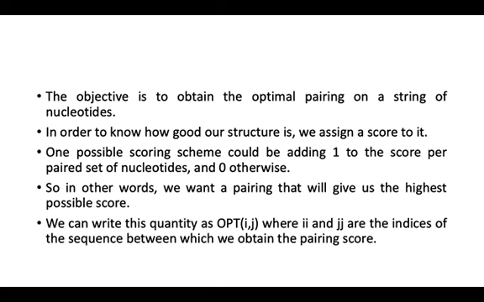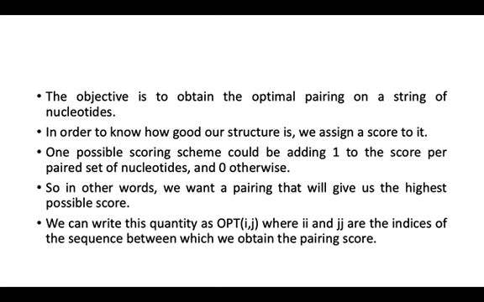In other words, we want a pairing that will give us the highest possible score. We can write this quantity as Opt(i,j). Opt is optimized, where i and j are the indices of the sequence between which we obtain the pairing score.